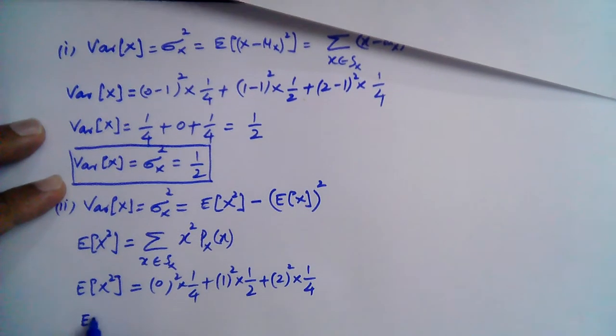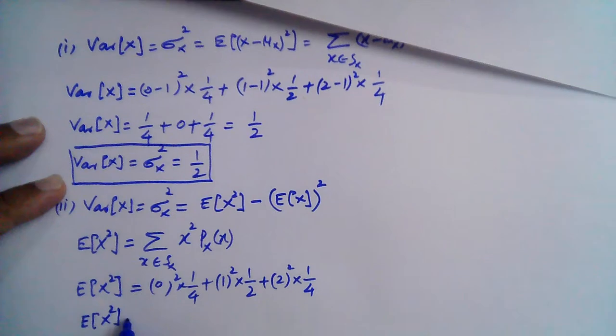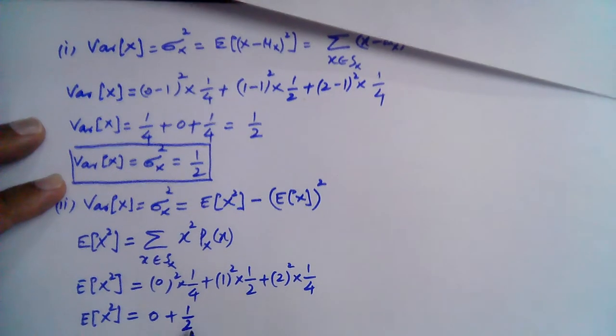So expected value of x square, this is 0 obviously, and then this is 1 squared into 1 over 2 is just 1 over 2, right?